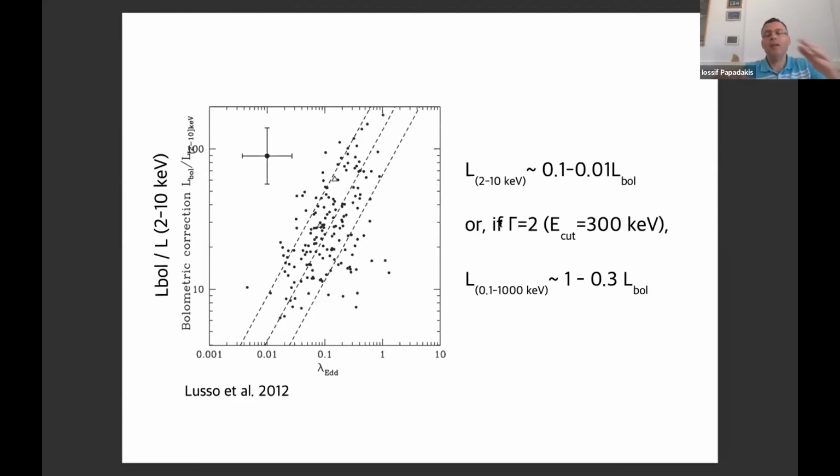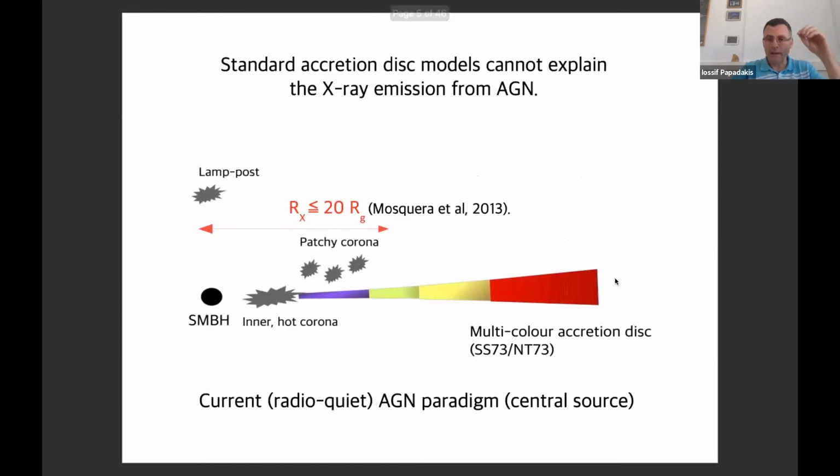If you assume that the X-ray energy spectrum goes from, let's say, 0.1 keV up to 1 MeV with a slope of 2, and there is a high energy cutoff at around 300 keV, then for these objects most of the bolometric luminosity will be emitted in X-rays, while for these ones, the ones that show this ratio to be about 1%, if you consider the full luminosity, then in the X-ray band you may have up to 30% of the bolometric luminosity. So really, these are strong X-ray emitters.